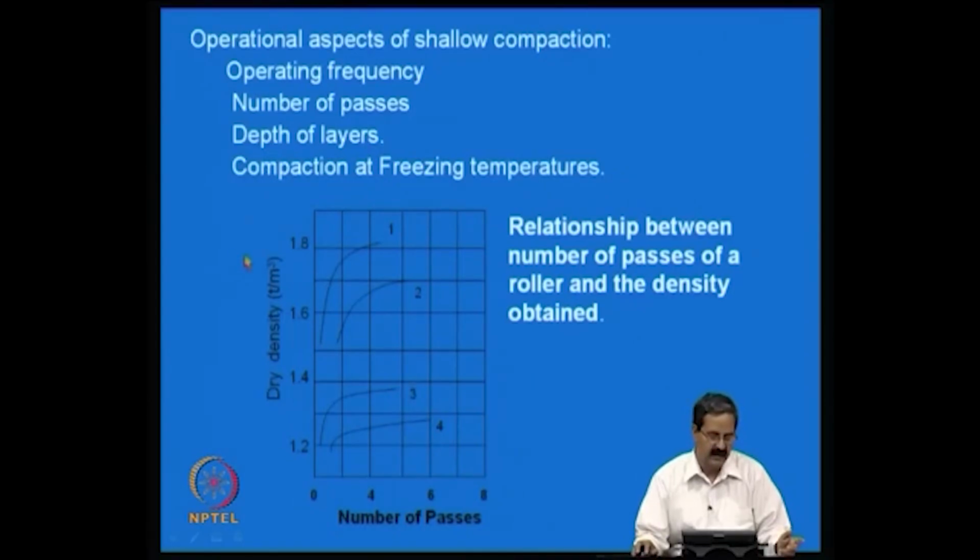You can see that depending on the type of soil, like these are all soil types 1, 2, 3, 4, there are some fixed number of passes beyond which the density becomes maximum. And different soils have different densities, for example fly ashes and other materials have low densities, in the range of 1.2 to 1.3, whereas sands, silts and clays have higher densities.